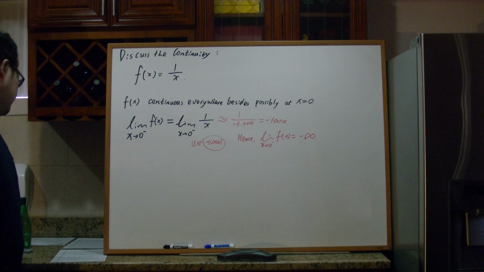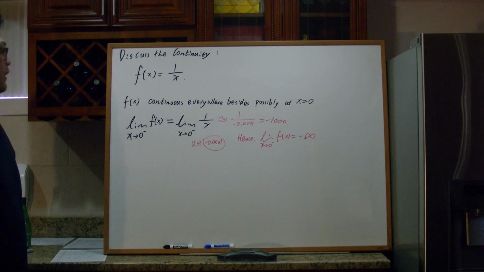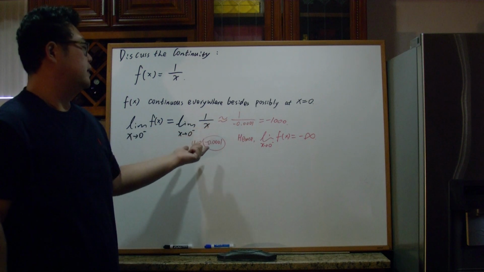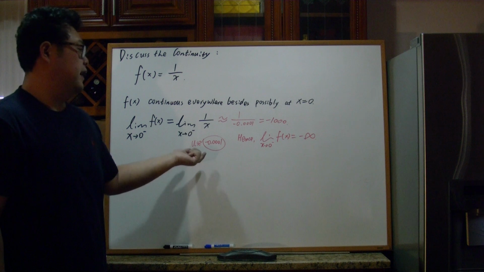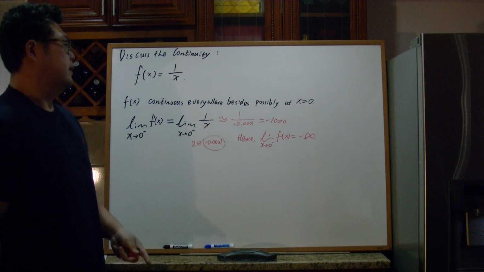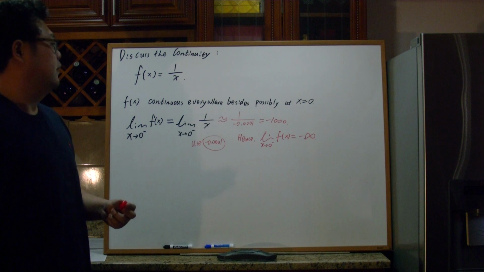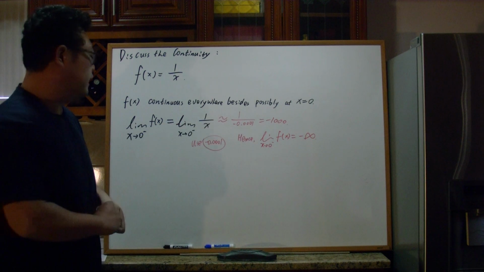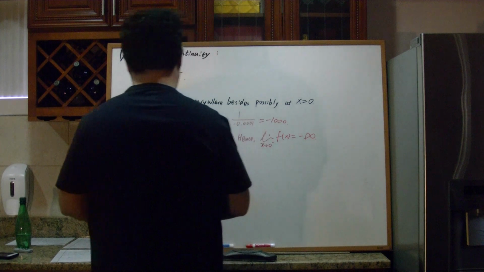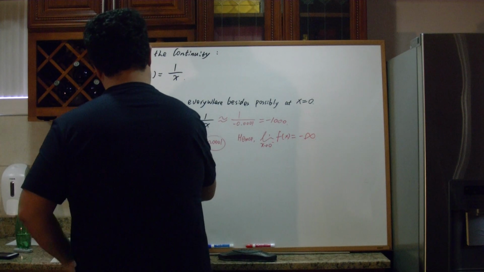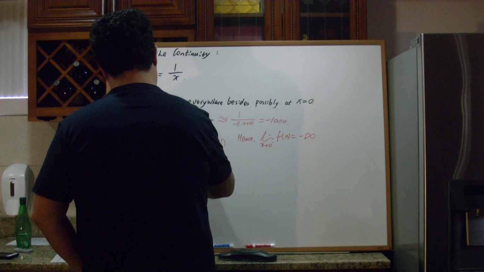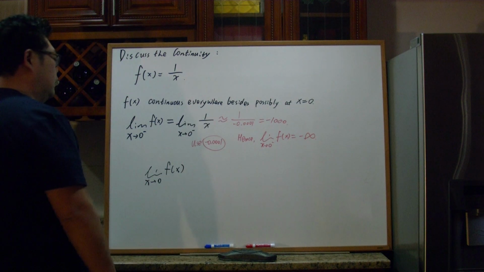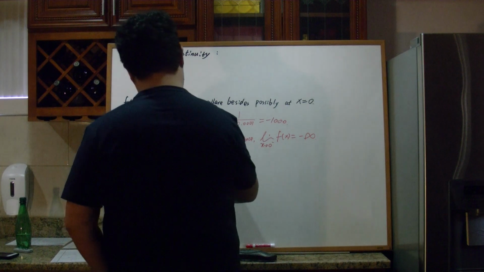I will talk about the infinite limit in the next part, but that is what we have here. We could just substitute using a value very close to it and see what we have for the one-sided limit. Once we get one side to be infinity, we can conclude that the actual limit as x approaches 0 of f of x does not exist.